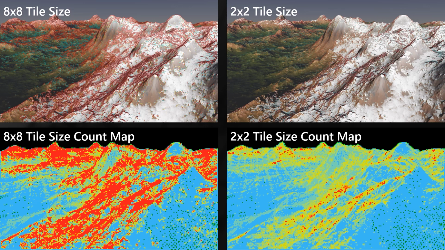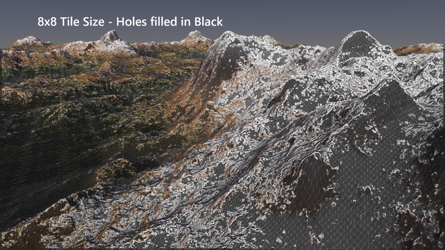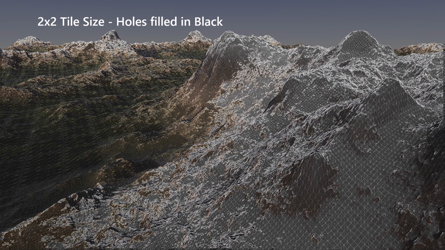But there's a huge reduction in the number of tiles that need all 8 wave 32s to run. And before we get to the performance figures, here again is our debug where I don't do any hole filling. So here is the 8x8 tile size, and we can see just how many lighting calculations we're doing. And then for 2x2 tile size, we can see that there's been a significant reduction in the number of lighting calculations for this scene.